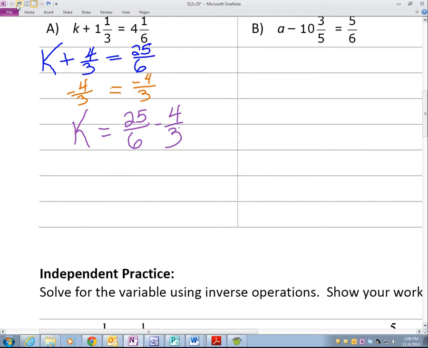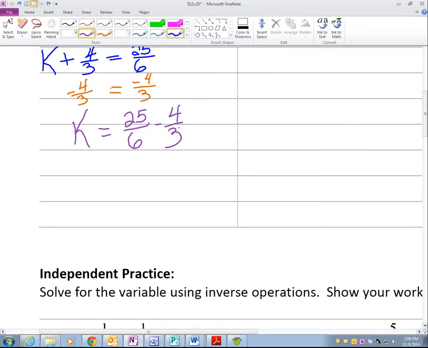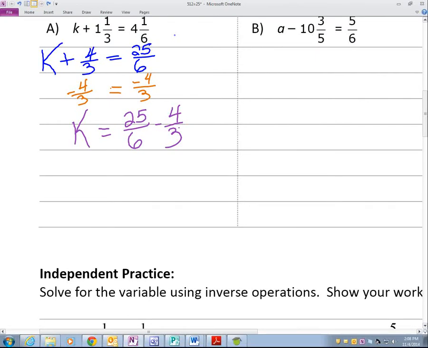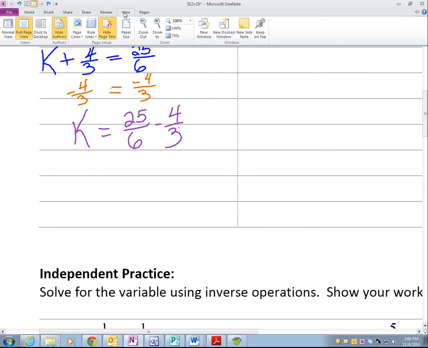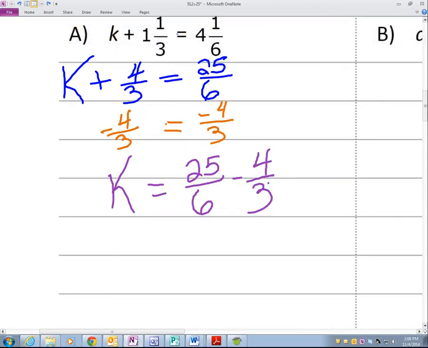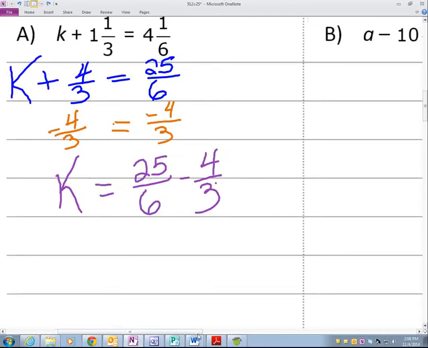Now I need to do what we did yesterday. And what is the biggest, most important, standout concept that you are all going to memorize for Friday's quiz and Wednesday's test?